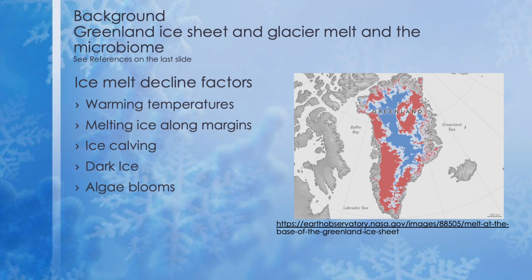Blooms of algae and bacteria growing in increased numbers furthers the melt. This increased ice melt has major global impacts on plants, animals, weather, commerce, and coastal erosion, which all affect global food supply.